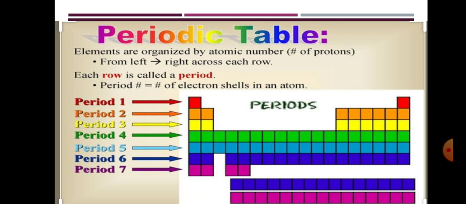What are periods? Periods mean the horizontal rows. Period 1 consists of 1 shell, period 2 consists of 2 shells, period 3 consists of 3 shells, period 4 consists of 4 shells, and so on. So all the elements present in the same period have the same number of shells.